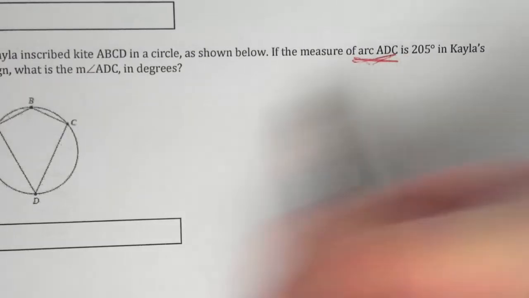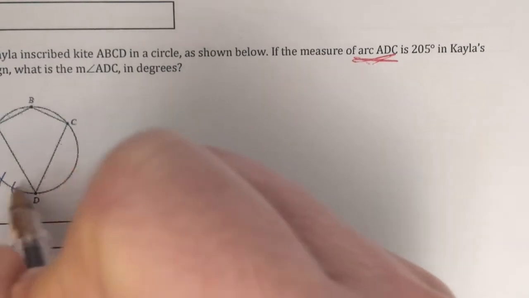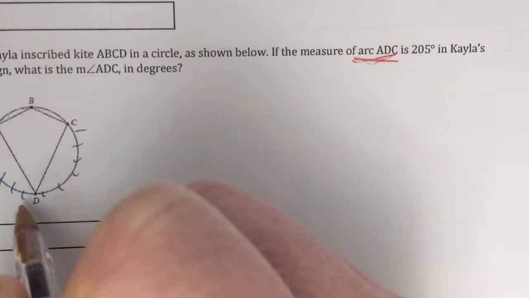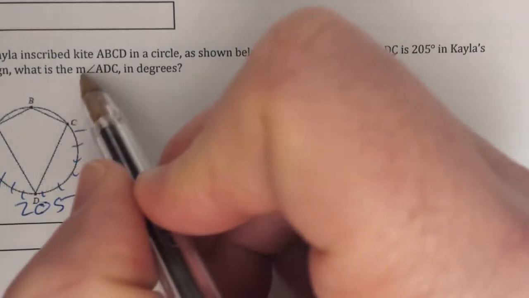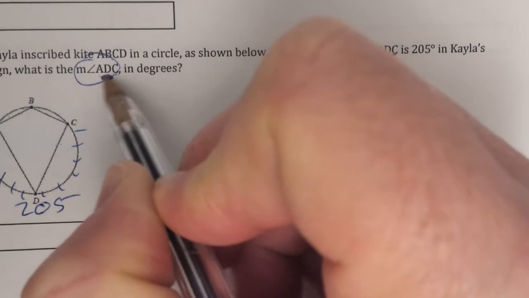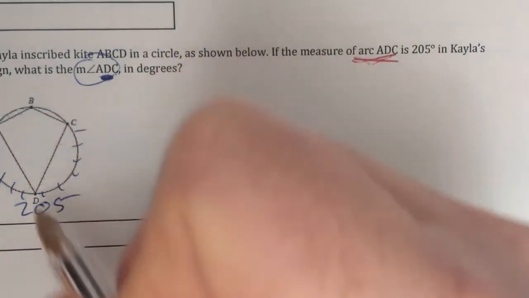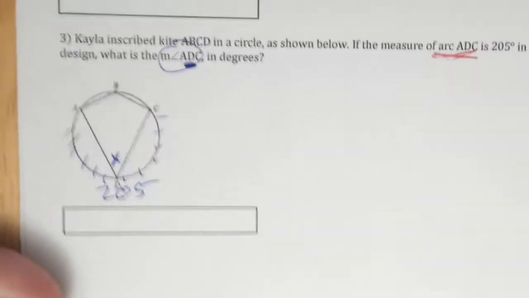They said arc ADC, so all of this is 205. So what would be the angle? They want the angle this time of ADC. So angle D, right? So where's D? They're looking for this, so we're looking for that right there.